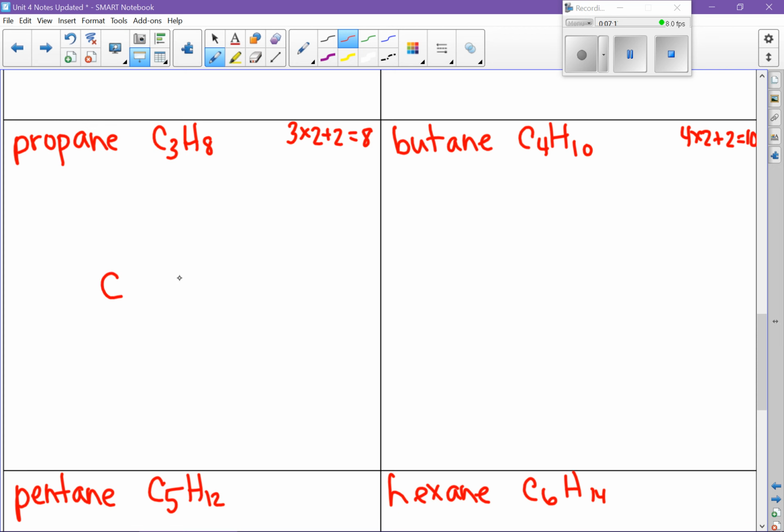So propane has 3 carbons. I connect them like this. Then I make sure that each carbon has 4 bonds coming out of it. So here we have 1, 2, 3, 4. This carbon has 2 bonds already, so there's 3 and there's 4. This carbon has 1 bond, 2, 3, 4. And then we just fill hydrogens all the way around.